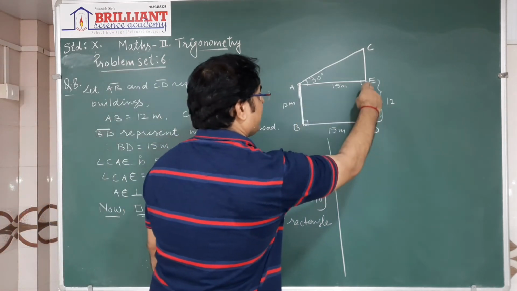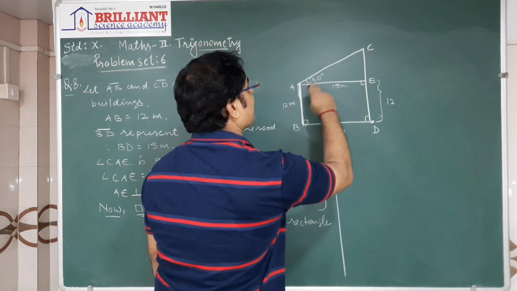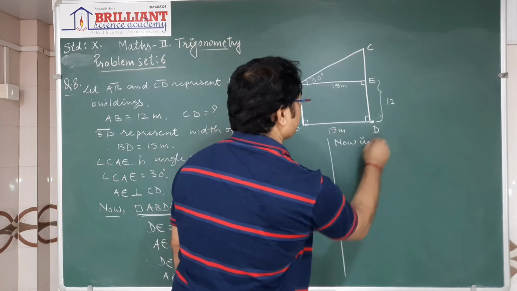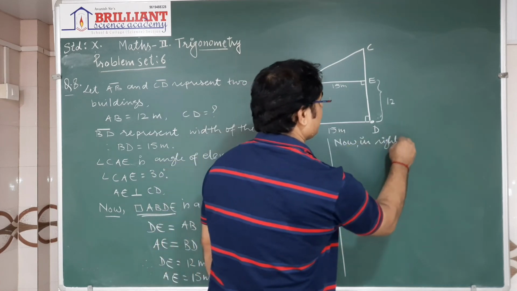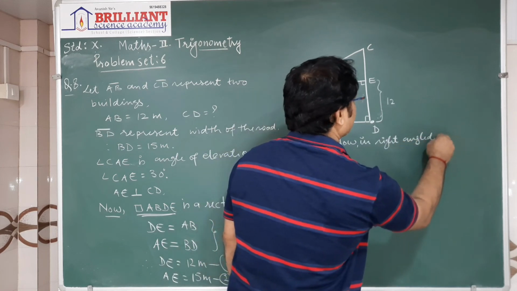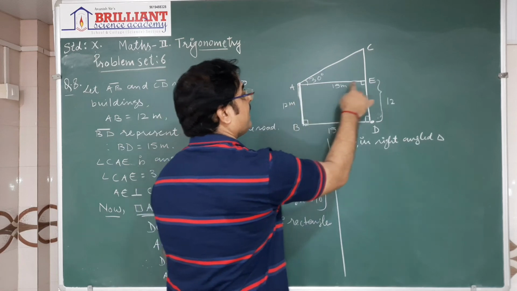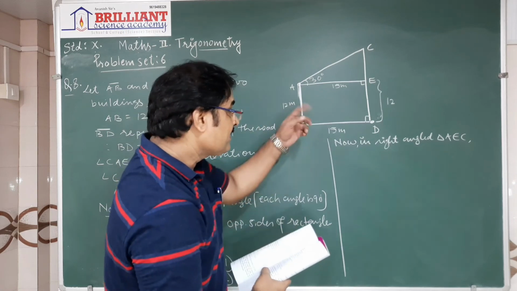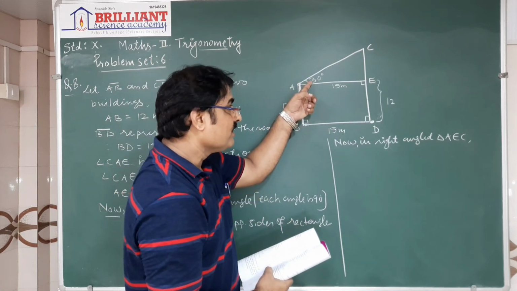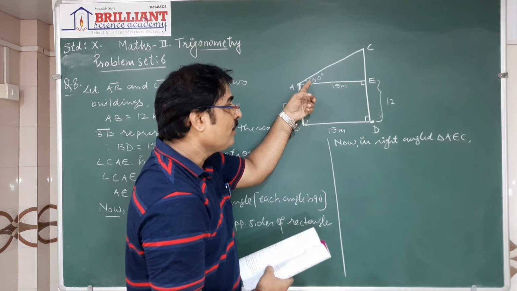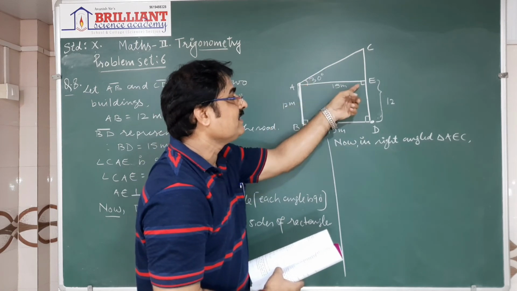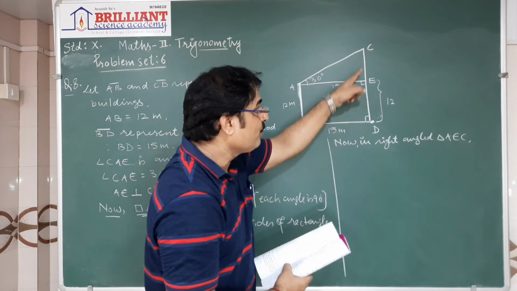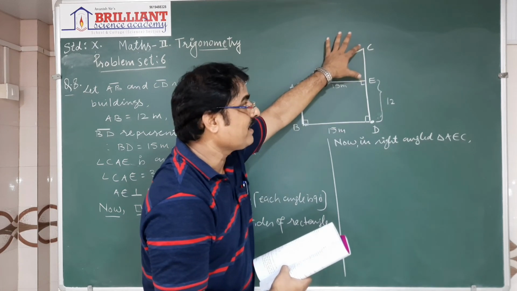चलो A मालूम हो गया, D मालूम हो गया. Now in right angle triangle AEC, in this right angle triangle, this angle is known. ये एंगल हमको मालूम है, and its adjacent side is also known. इसका adjacent side मालूम है, and in this right angle triangle we want to find this side CE. क्या find out करना चाहते हैं?